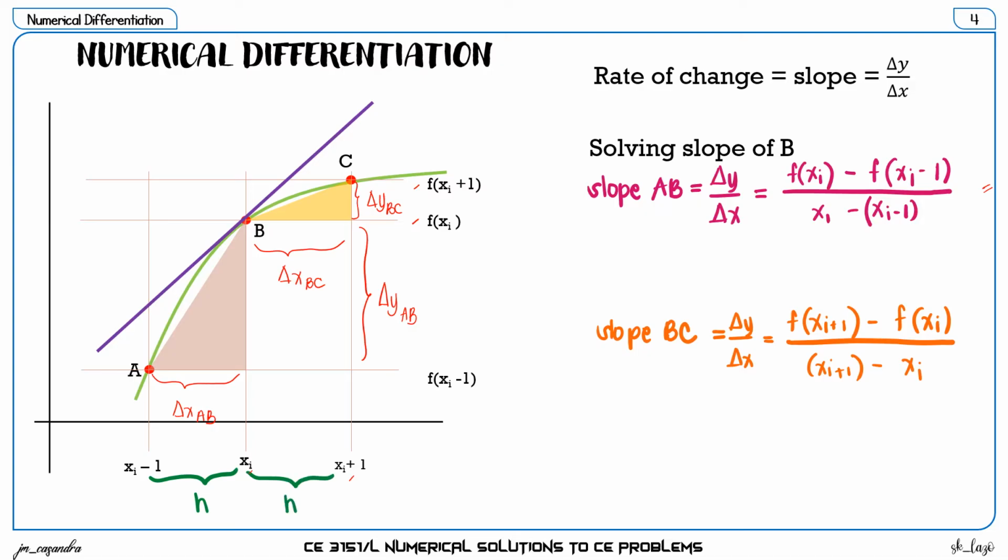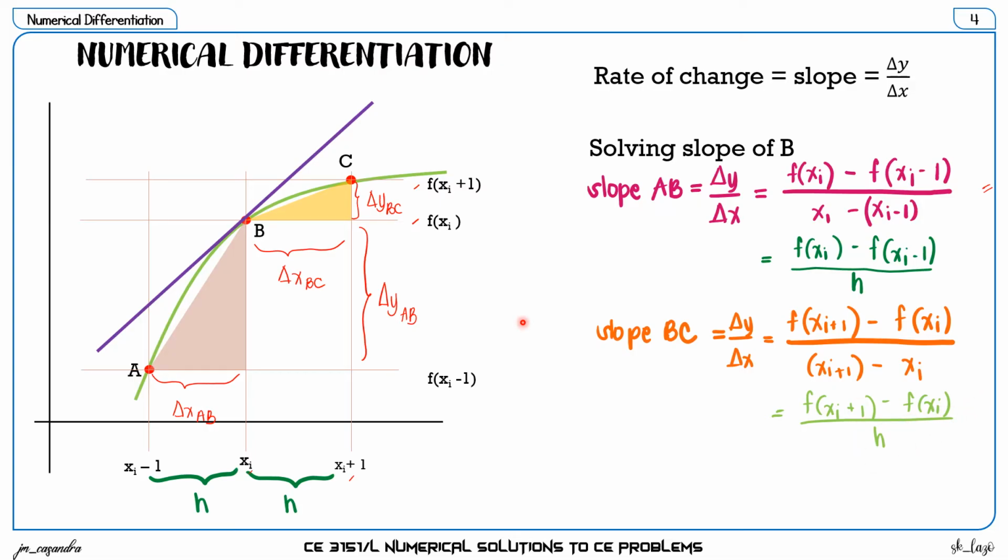Thus, delta x for AB and delta x for BC can be called h. With that, we could simplify our derived equations for slope AB as f of xi minus f of xi minus 1 all over h, and for BC, f of xi plus 1 minus f of xi all over h.